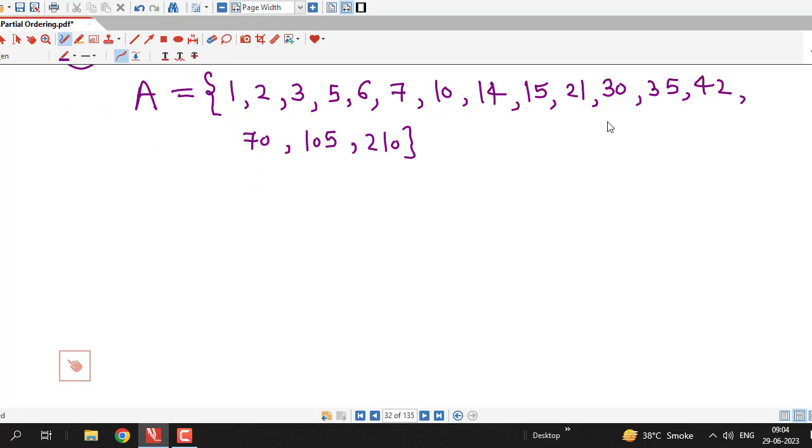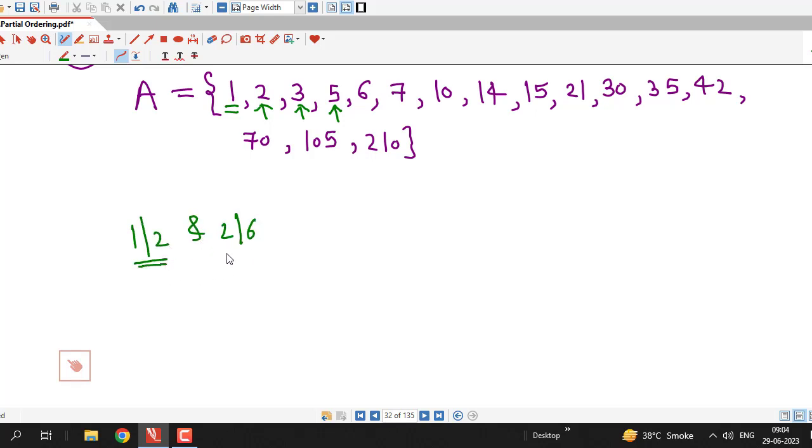circles. Now first thing we will do is that 1 is at the bottom of the hash diagram, and which elements are covers of 1, that will be above 1. So it is obvious that 2, 3 and 5 will be covers of 1. 6 is not a cover of 1, because 1 divides 2 and 2 divides 6.